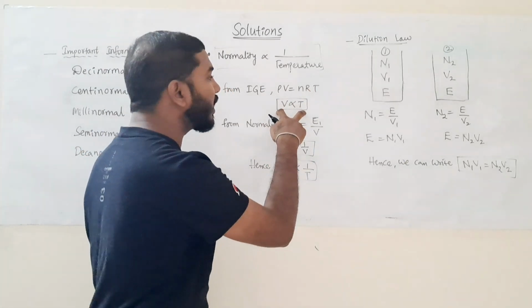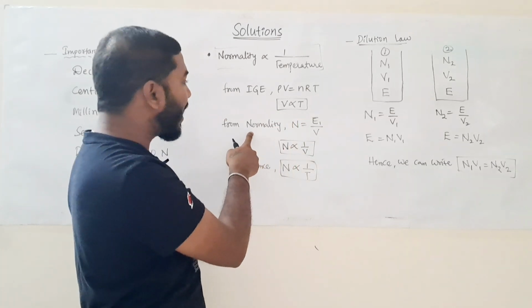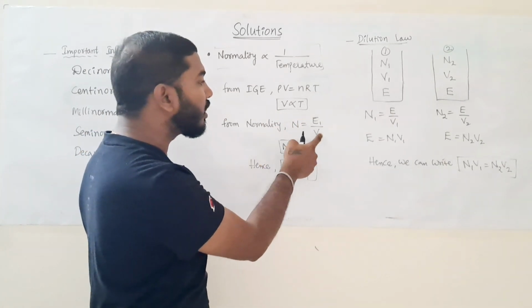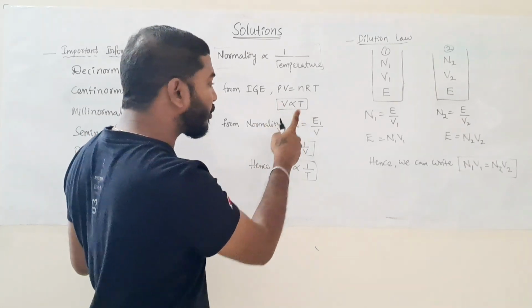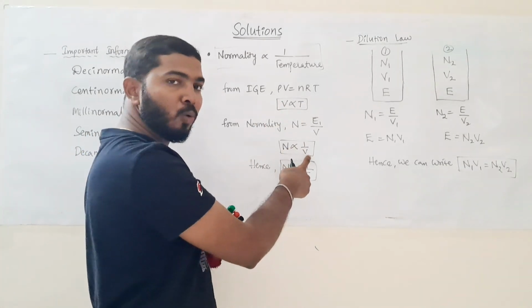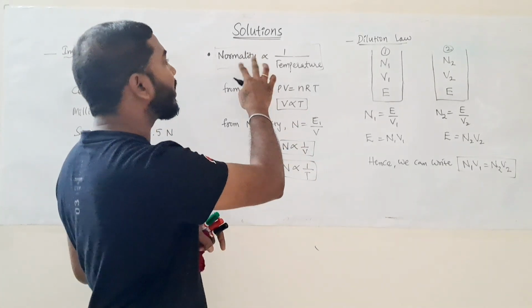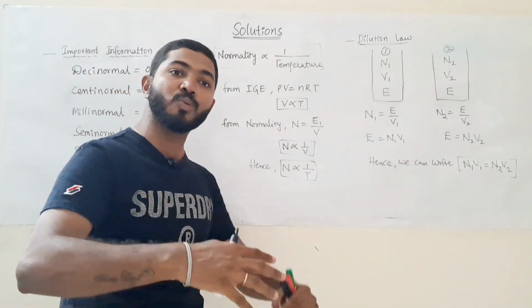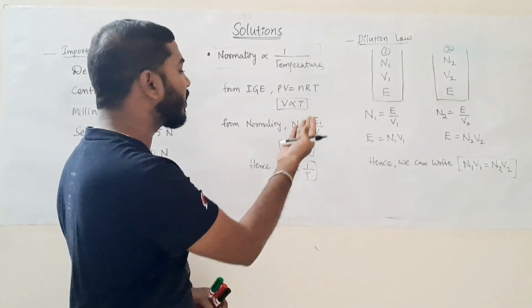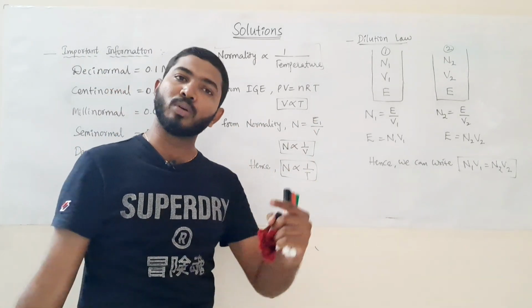From this relation we can move back to normality: normality and volume are inversely proportional. Since volume is directly proportional to temperature, normality is inversely proportional to temperature. What does it mean? As the temperature increases, volume expands, and obviously the normality is going to decrease.